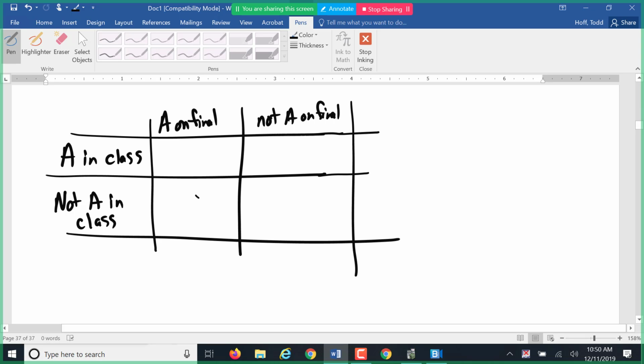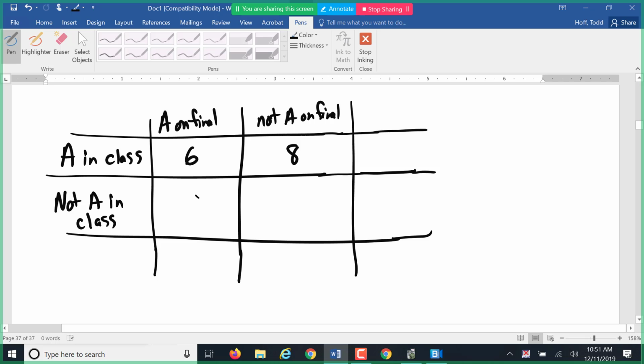So let's say that in this table we have, and we're going to use a larger class just to make the numbers a little more useful. So let's say in a bigger class, we have 6 students that had an A going in the class and also got an A on the final.